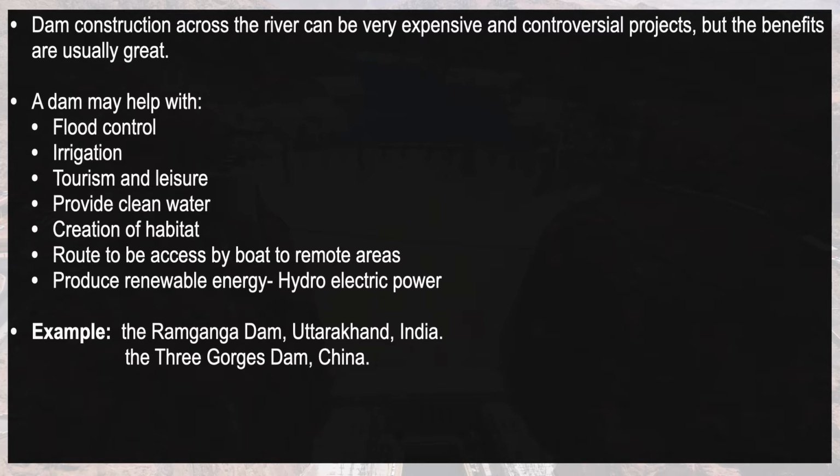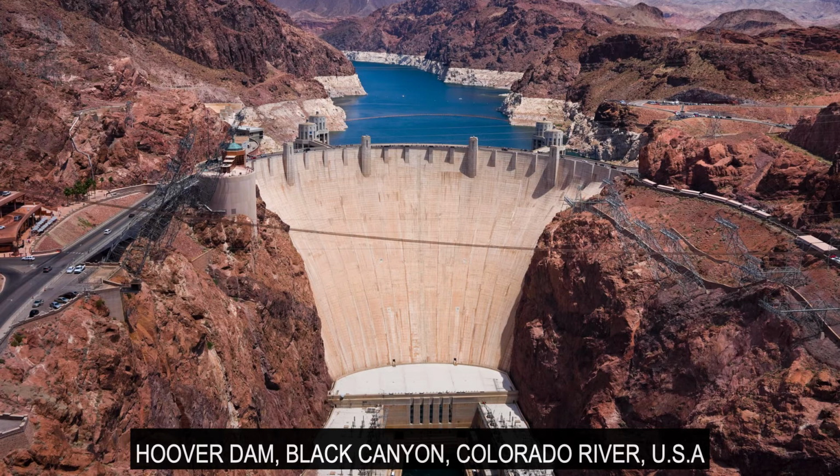The dam can also be used for tourism and leisure, because the features and look of the dam can attract people to come to the country. If you look at this Hoover Dam in Black Canyon, it's quite a famous dam. Every year millions of people come to Black Canyon to see the Hoover Dam on the Colorado River.